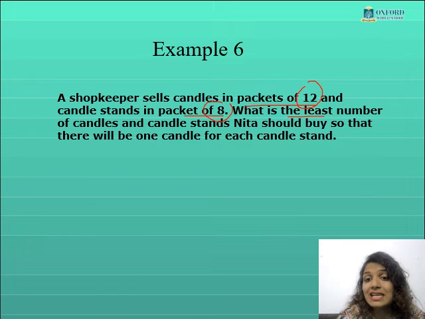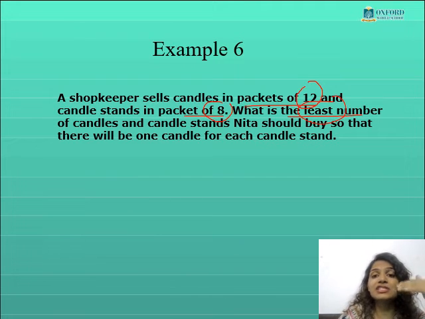Now, what is the least number? You know what? This type of words, like least, lowest, they are magical words. They give you the idea that yes, the question is asking for the least number, the smallest multiple, right? Of candles and the candle stands, neither should buy so that there will be one candle for each candle stand.